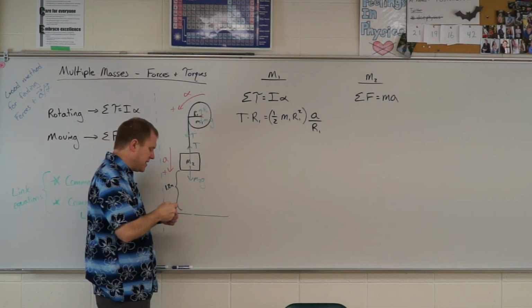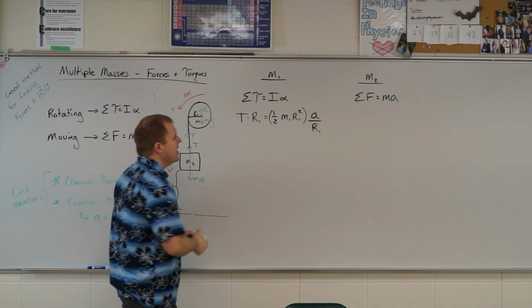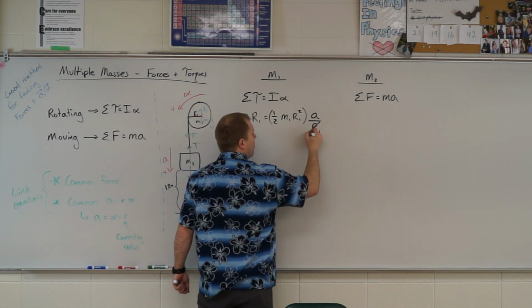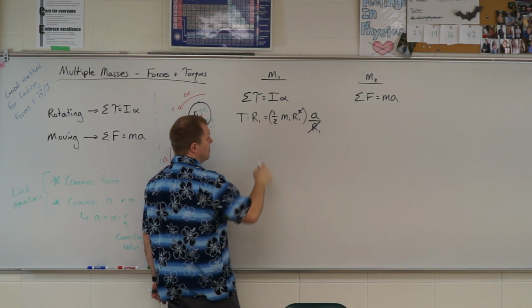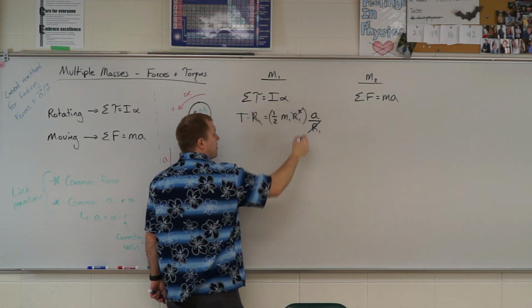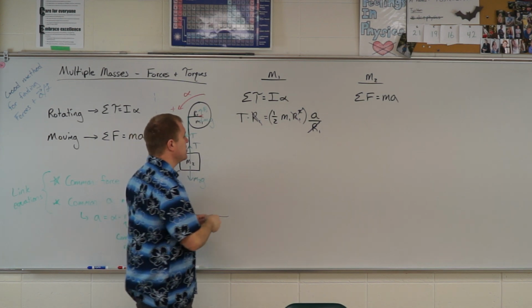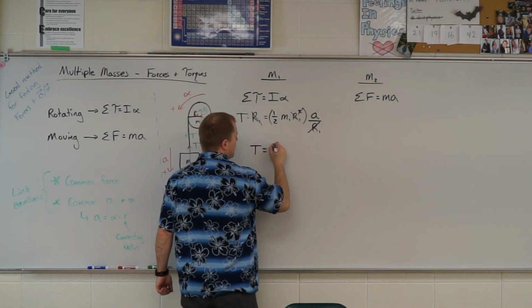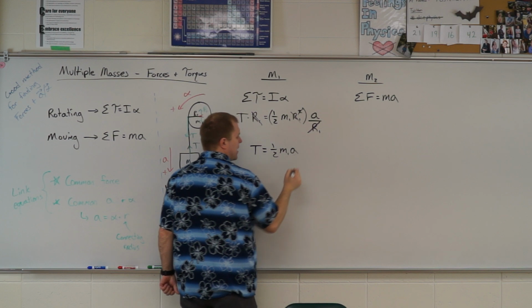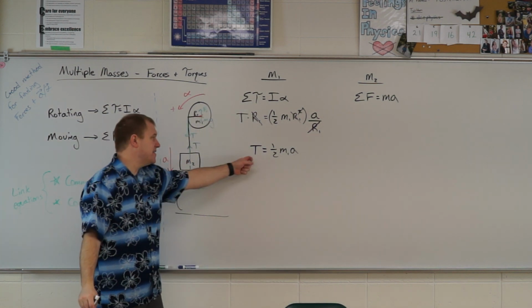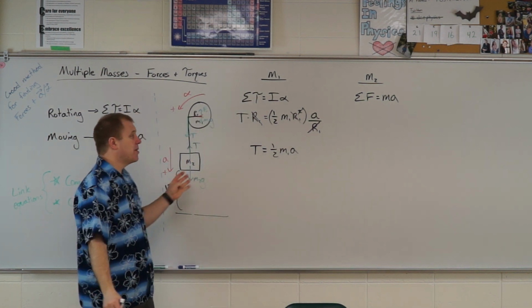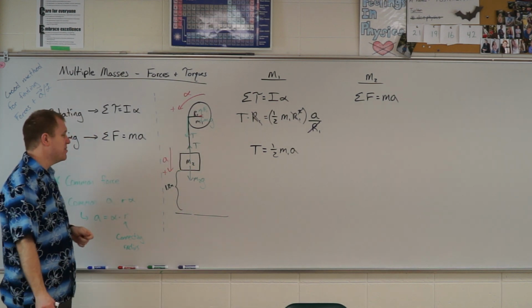The reason we do this is that one of my R1s cancels, and then the other R1 cancels, so all of those R's fall out of the equation, and I'm just left with tension equals 1/2 M1 A. This is my common force, so I can substitute it into my other equation.